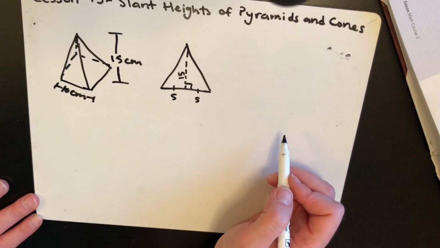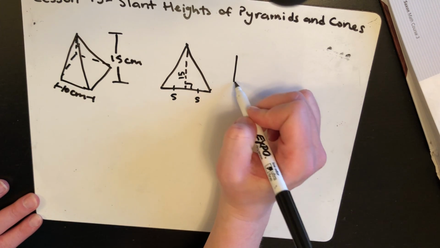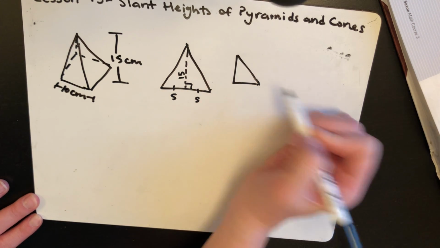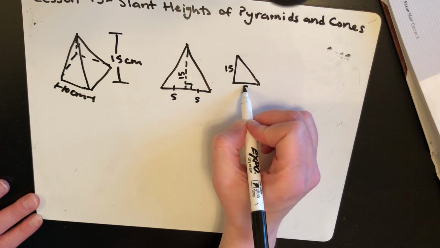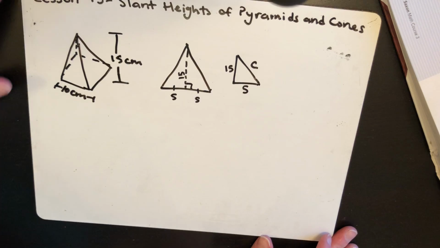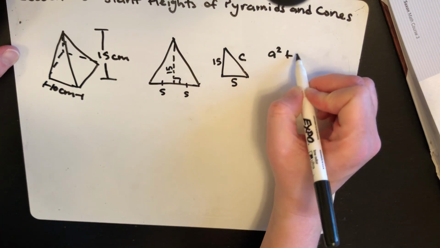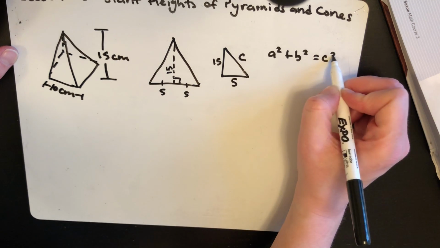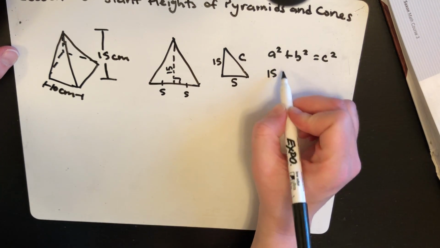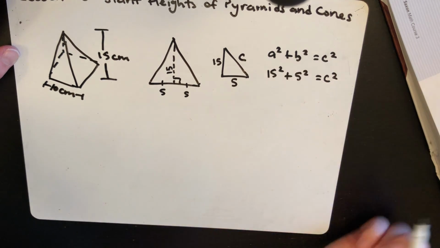Again, it's a right triangle, and I'm trying to find my slant height. So if I look at this right triangle by itself, I have 15, 5, and then this is c. Anytime I have a right triangle, I'm going to use the Pythagorean theorem. a squared plus b squared equals c squared. So a is 15, b is 5, and I'm trying to solve for c squared.